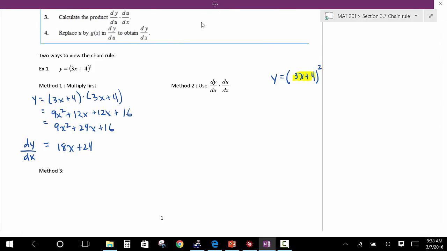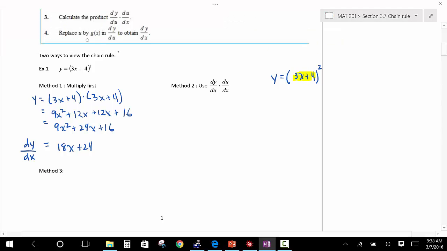You can think of this as two functions: y equals u squared, since it's something being squared, and u equals 3x plus 4. The part that I highlighted, think of that as u, and then that whole thing squared. So you can write this as a composition of functions.